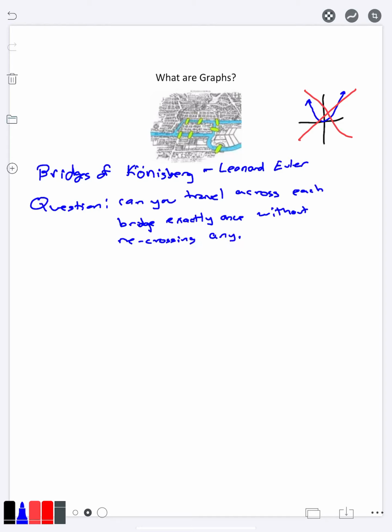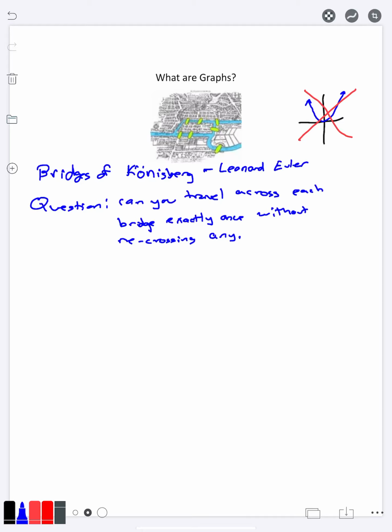So basically Euler would take his walk each night, and he would start walking around the city, crossing these bridges, and he asked himself, well, is it possible that if I pick the right path, I can get across each bridge without ever crossing a bridge twice?